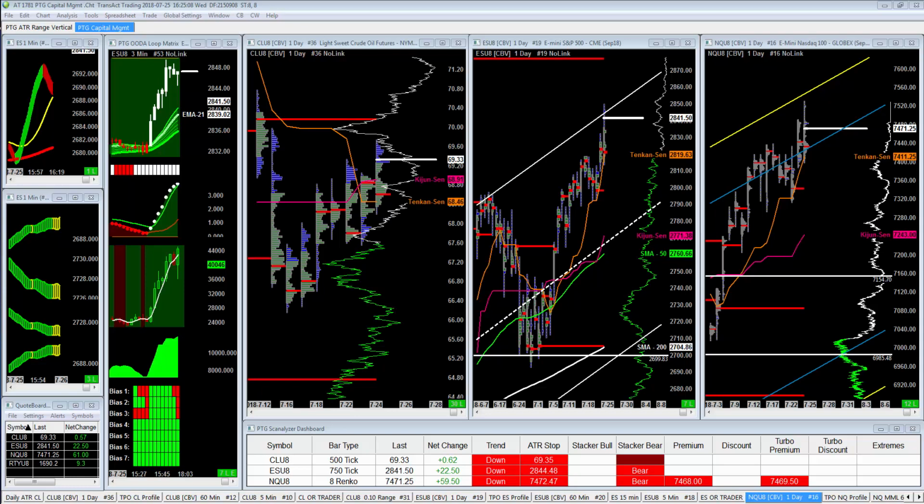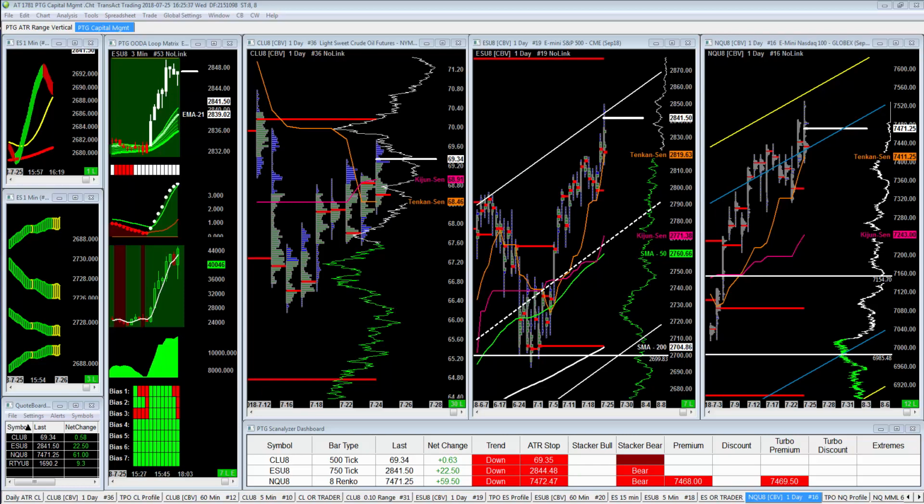Okay? So of the 3 instruments there, again, top-down approach, you'll see the profile. Now down below, you'll see a white section, and that is referred to as our Scanalyzer dashboard. That is the area where the trade signals, setups, and conditions of each instrument are located.